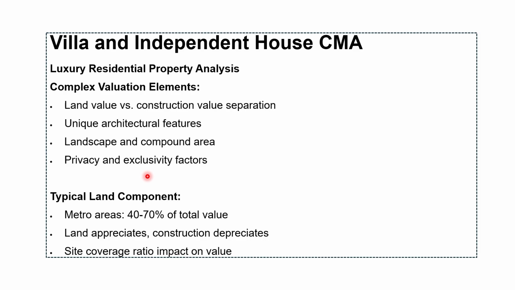Because sometimes the land value can be very, very high. Especially, let's take the example of Mumbai, such type of metropolitan cities. You will see that the land on which villas are built, they were built many years back. Over the course of time, the price of land has increased a lot.